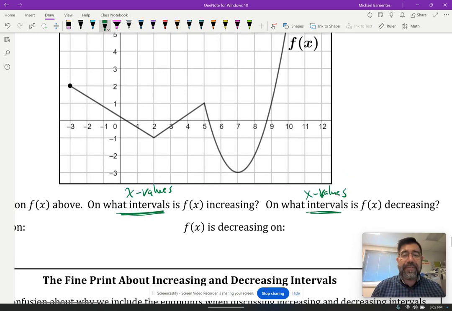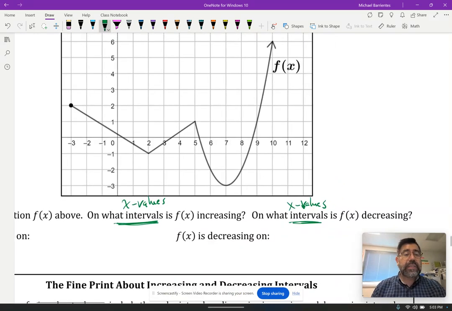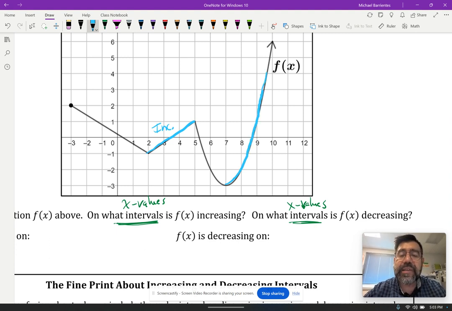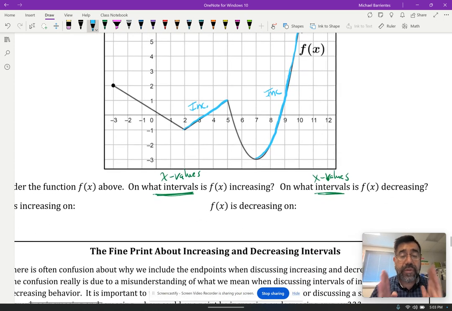Well, by looking at the graph, I see that the graph is increasing here. I'm going to put INC for increasing. And I'm going to say that the function is increasing here. And as I finish tracing this, and by the way, this goes on forever, right? This is INC. I'm going to go ahead and write down the x intervals where that happens.